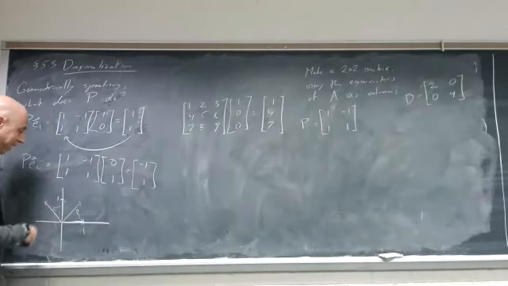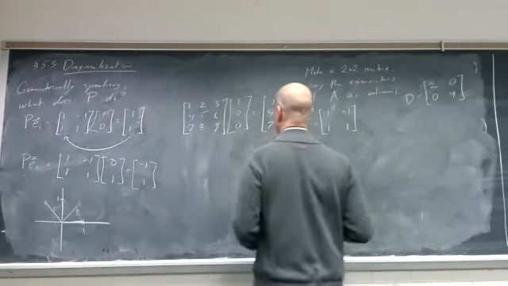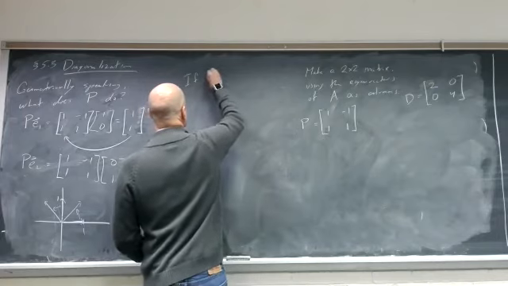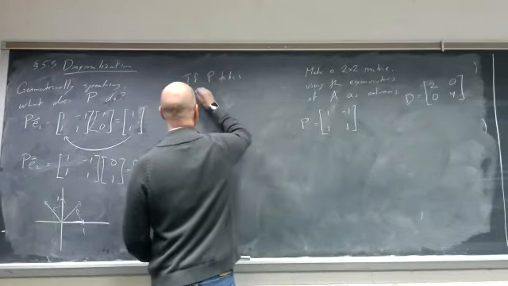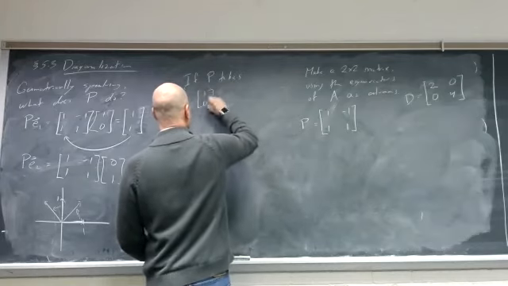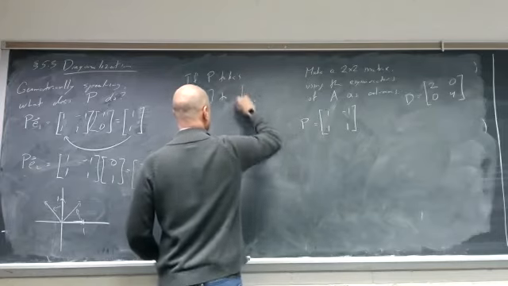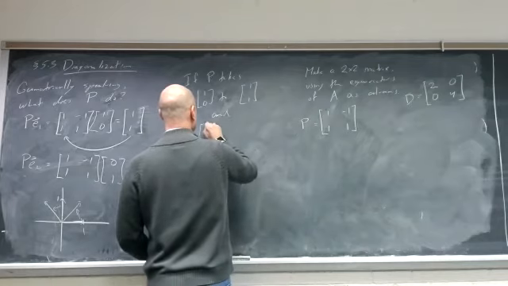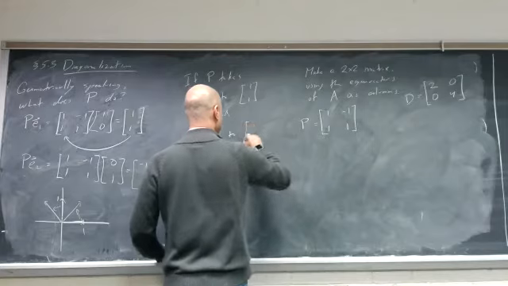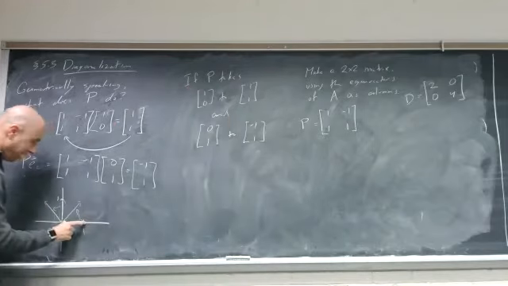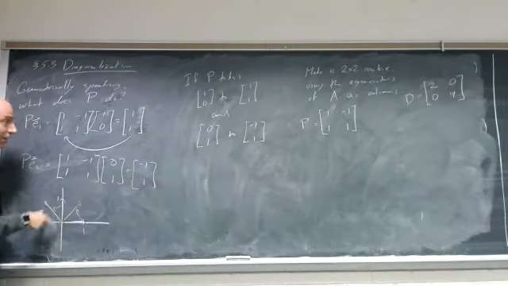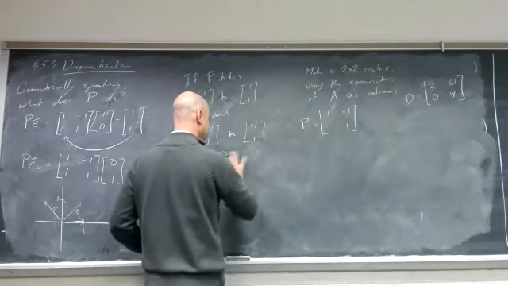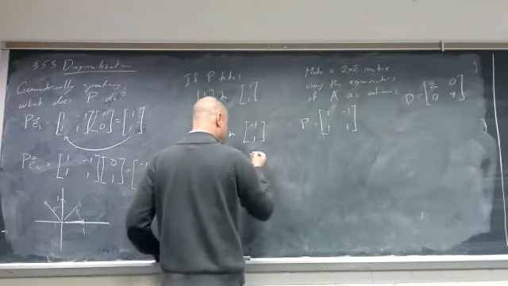So if that's what P does, if P takes 1, 0 to 1, 1, and 0, 1 to negative 1, 1, in other words takes this vector here and this vector here, then P inverse will do the opposite.